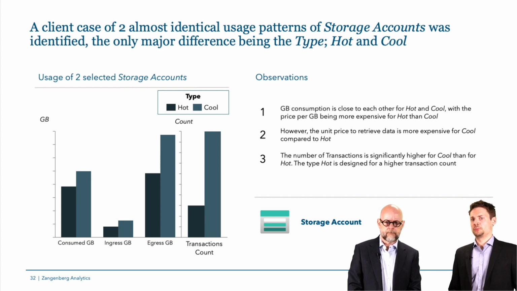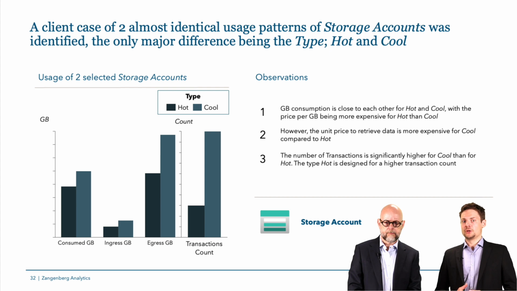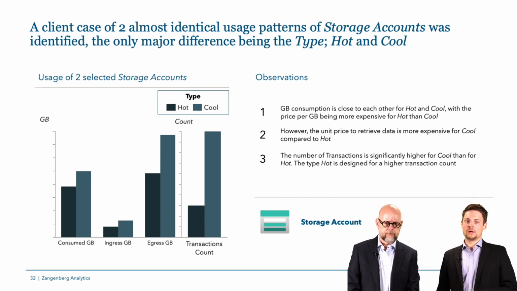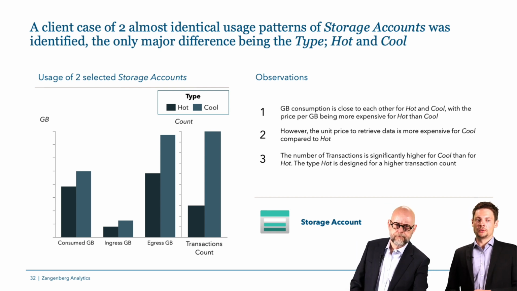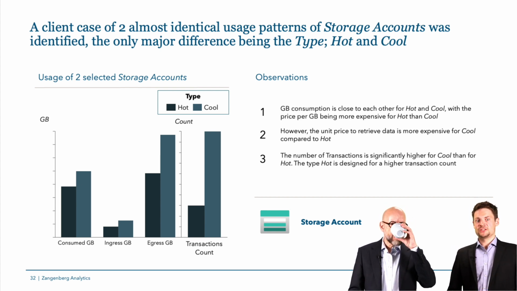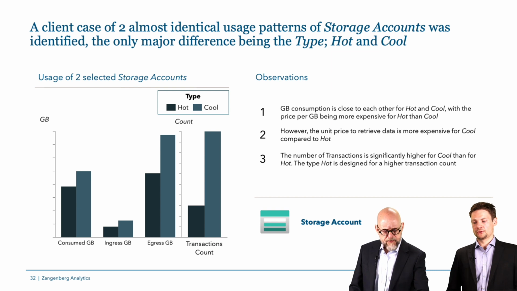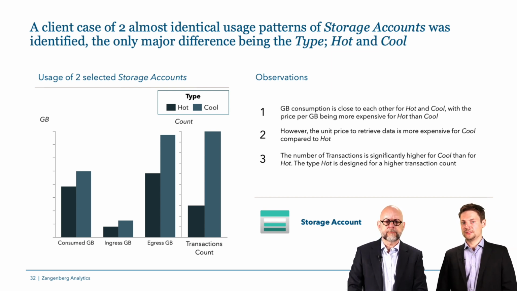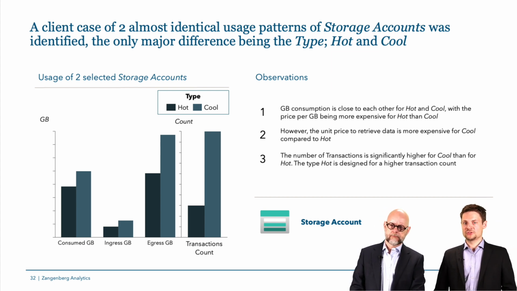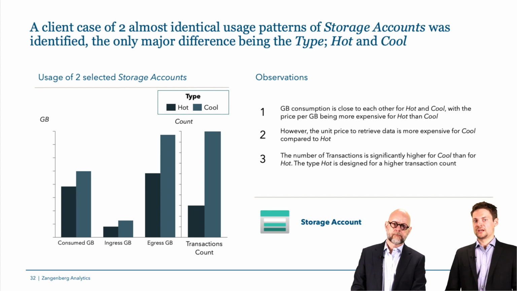What is the difference between a hot account and a cool one? The hot one is used for regular access, read and write data, while the cool one is used for irregular usage data that you still need to access fast. So if you have some backup that you know you need to access within 15 hours, then you will have it on cool. It's cool data that's not being used often.